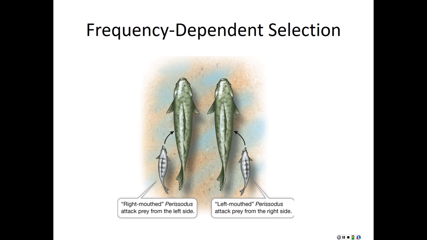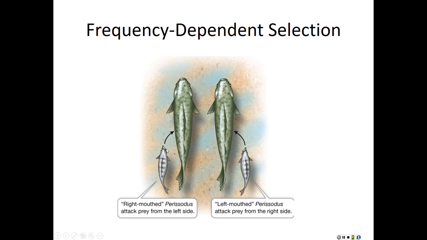So in this case, we're looking at some fish here. Now, these little guys right here, these fish, come in two different varieties. We have what's called the right-mouthed variety and the left-mouthed variety. Now, the right-mouthed variety, the way that the mouth of this individual is shaped, it can come up to this fish, and when it does, it takes a nice little bite out of it.